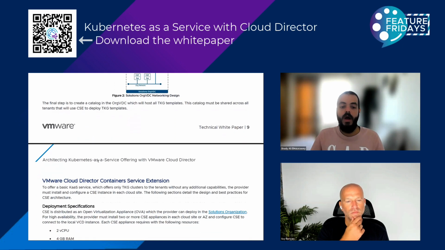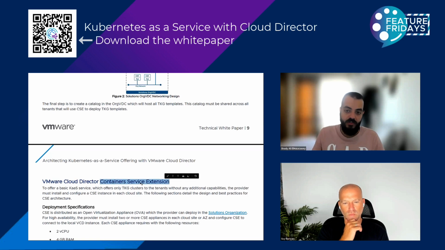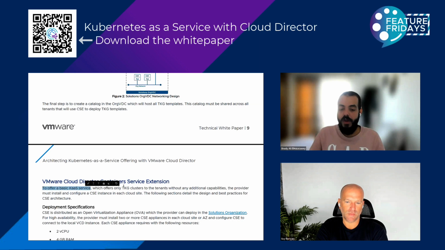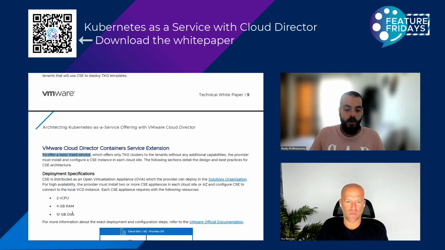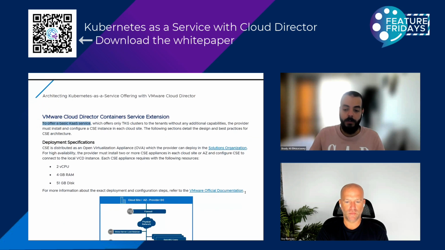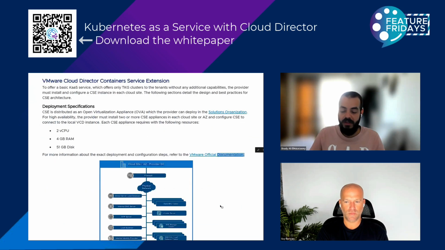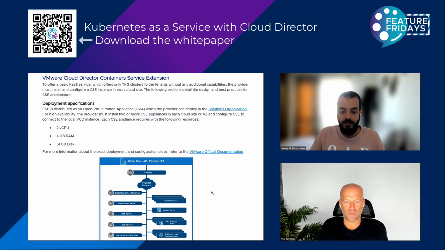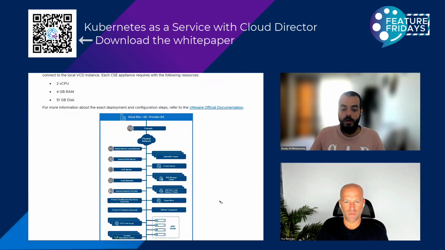And then I'm starting with CSE, which is our mandatory component, I would say, because without CSE, you don't have TKG clusters, right? So to offer a basic Kubernetes as a service offering, you need to have CSE. I'm diving into deployment specs, how to deploy, with a link to our documentation about the nitty-gritty details of the deployment steps, right?